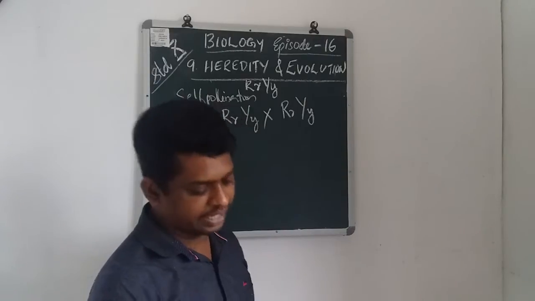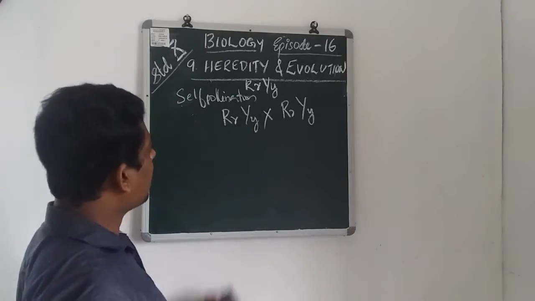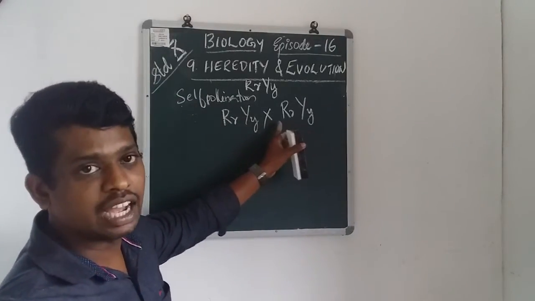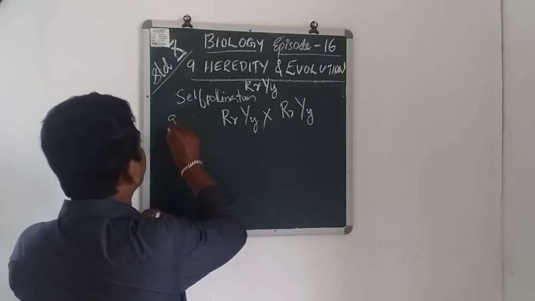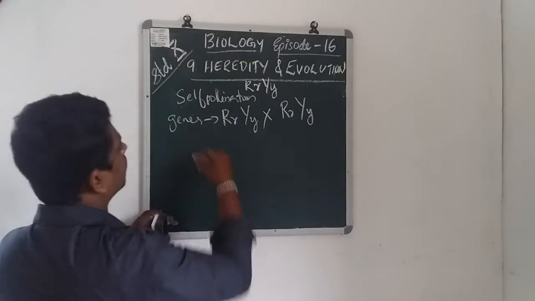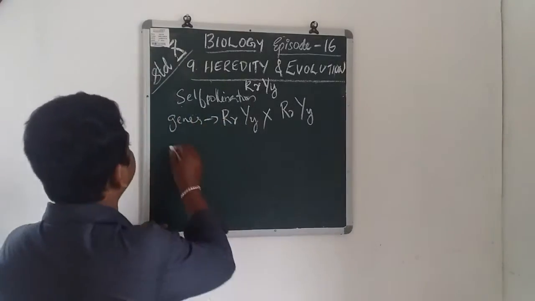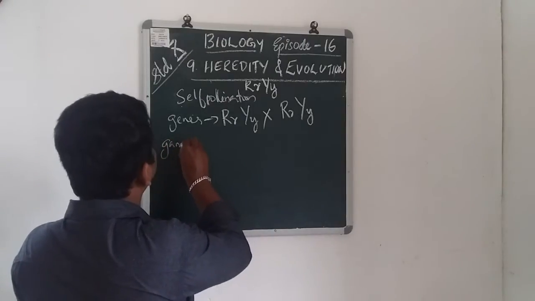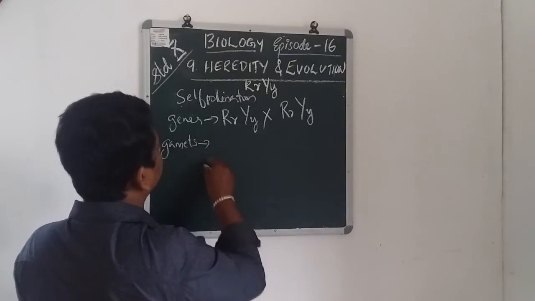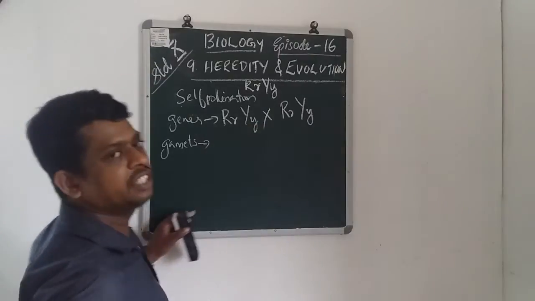Okay, and then the gametes. These are the genes, and the gametes are formed from the crossing over.